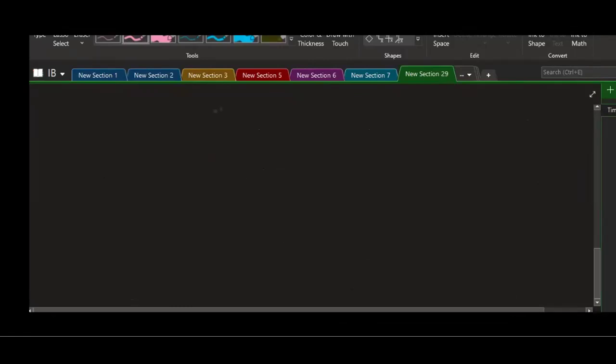Hours to minutes, right? So 6 hours to minutes means I'm converting from big to small, because hour is bigger than minutes. True or false? True.